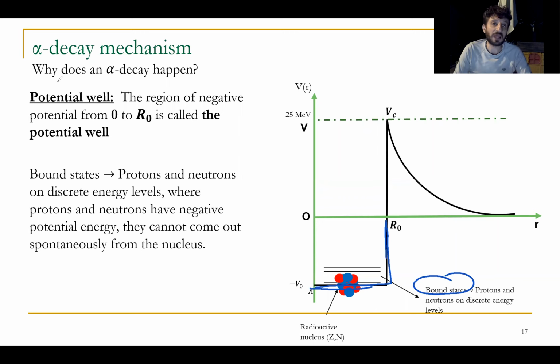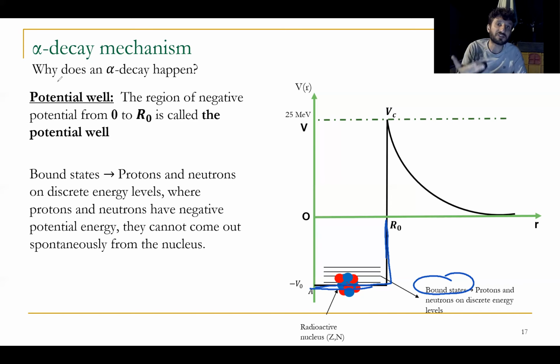In general, as we have a negative potential energy, we cannot have a spontaneous emission of protons and neutrons. We need an external energy added to the system to have a proton escape, or to extract one proton or one neutron. So when we have a negative potential energy, we have a barrier, and it's difficult or impossible to have a spontaneous emission of any particle from inside the nucleus.